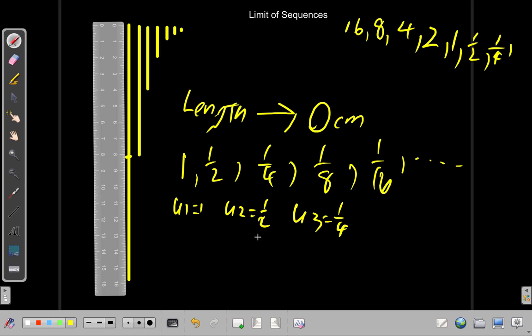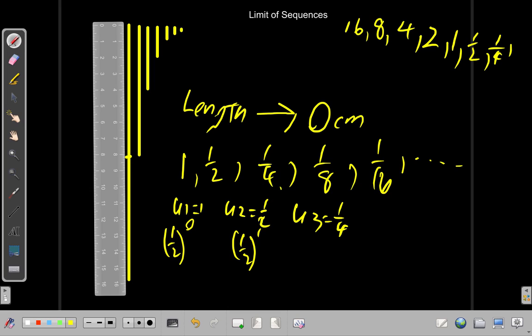To get the particular terms, you get 1 by saying half to the power of 0. Second term, half to the power of 1. And remember, you have to review your indices: when you raise a number to a power of 0, the answer is 1, and when you raise a number to a power of 1, you get the number itself.